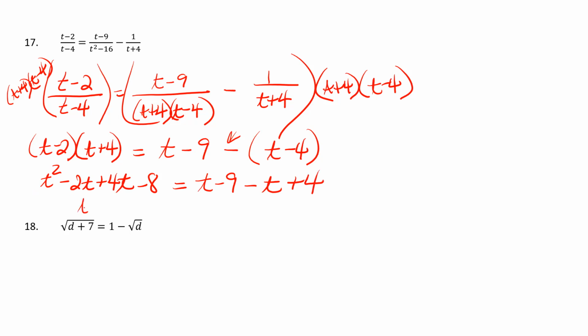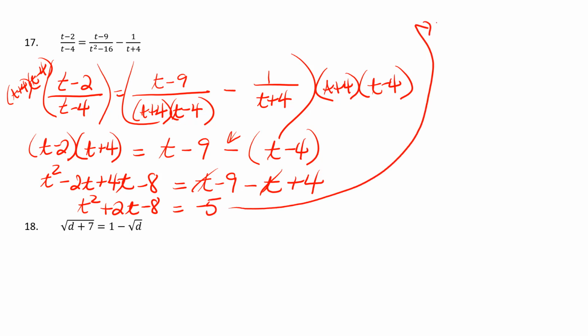Now we have t squared plus 2t minus 8 is equal to, the t's cancel, t minus t is 0, negative 9 plus 4 is negative 5. So if we bring this up over here, we've got t squared plus 2t, and then if we add 5 to both sides, we'll have minus 3 equals 0. Again, this is easily factorable.